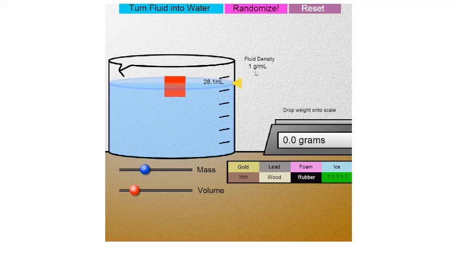Water has a density of 1 gram per milliliter. That means that 1 milliliter, 1 cubic centimeter of this water, if I put it on a balance, would have a mass of 1 gram. And so notice that, yes, my block does float, but it has to submerge more of itself in order to float. And again, pay attention to Archimedes' principle to help you understand why that is.